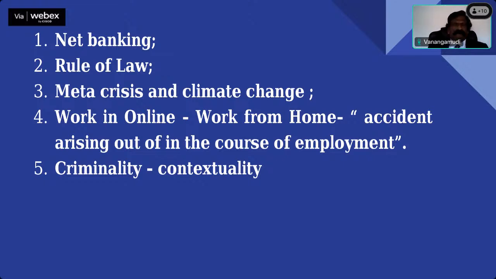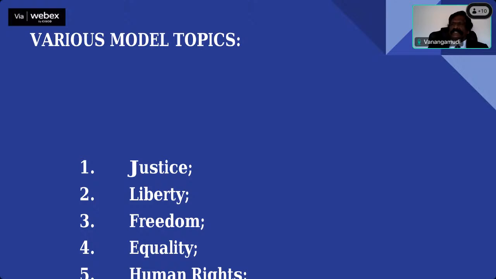See, suppose I am interested in justice. Justice according to law, or law according to justice? It's a basic question. It's a jurisprudential question. The other day, some of our students pointed out Article 142, which speaks of complete justice.